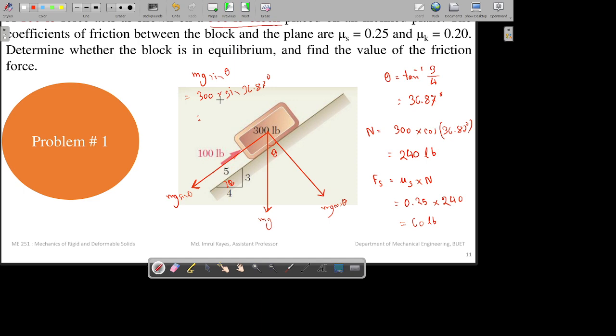Now observe closely. I can erase these things, I don't need them anymore. I know the values. You are applying force in this direction, so friction will act in the opposite direction, right? You are trying to move the block in this upward direction, so the friction will act in the opposite direction.